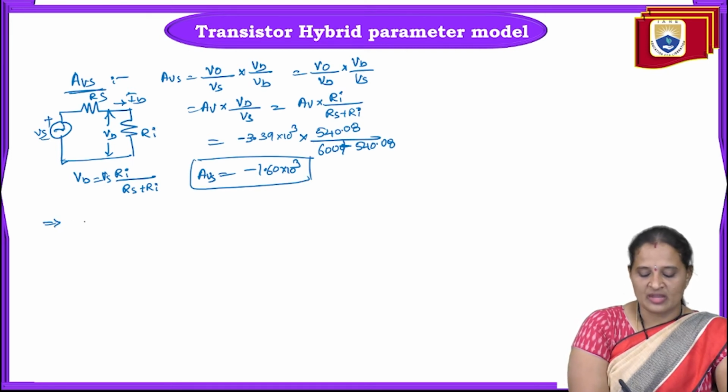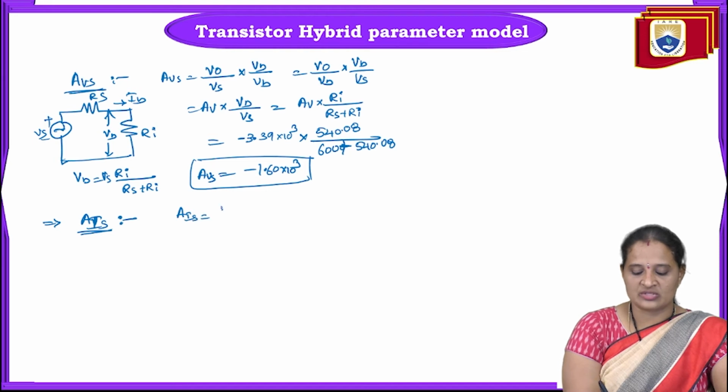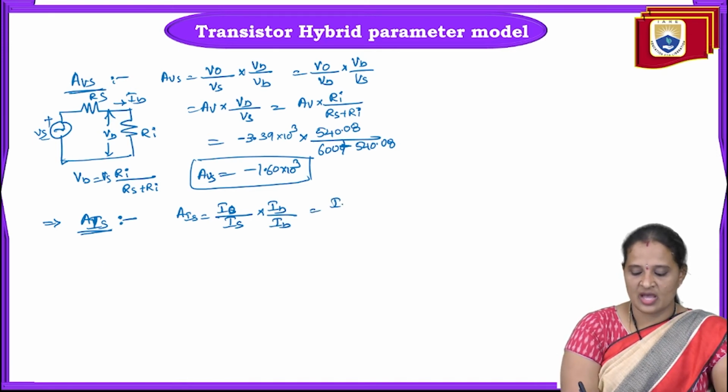Now similarly, we can also calculate overall current gain, that is AIS. How to calculate this AIS? So AIS is equal to I naught, or else IL, divided by IS. Okay, so here I am multiplying and dividing this one by IB. So now I can write this as I naught divided by IB into IB divided by IS.